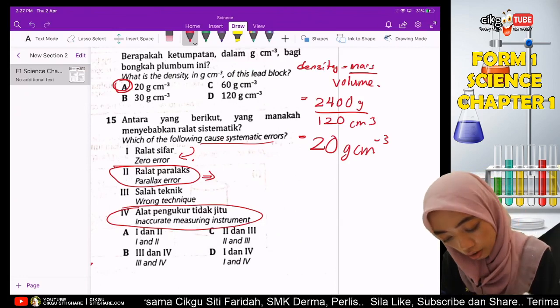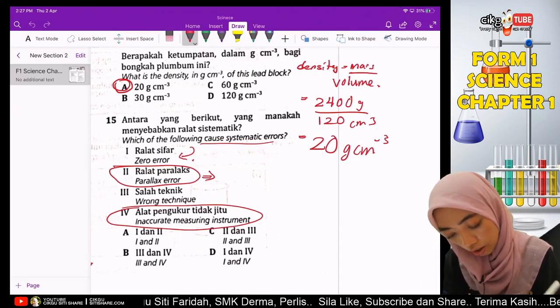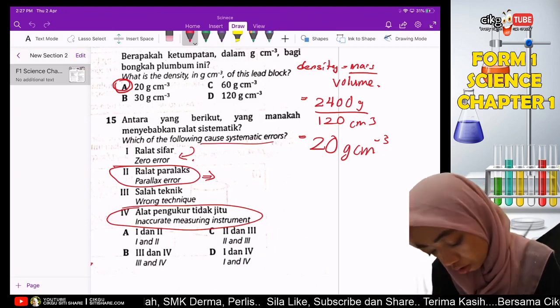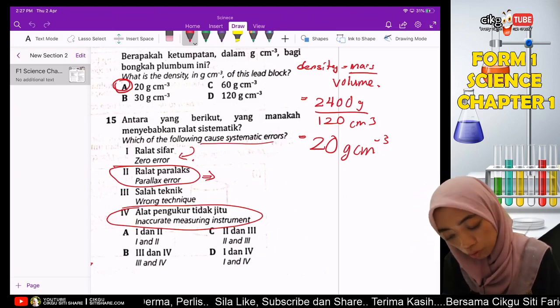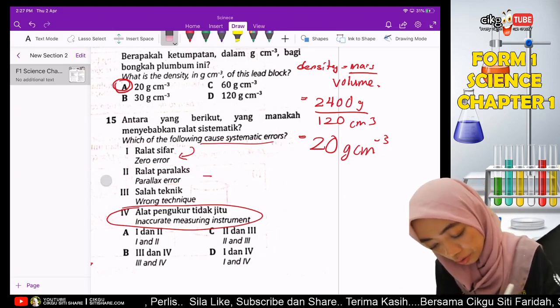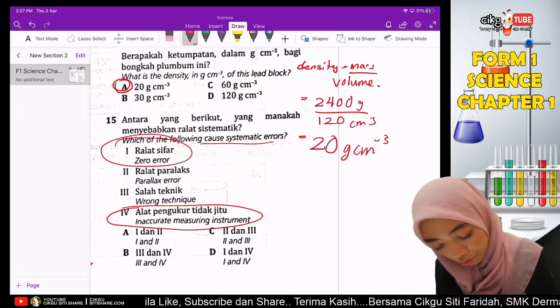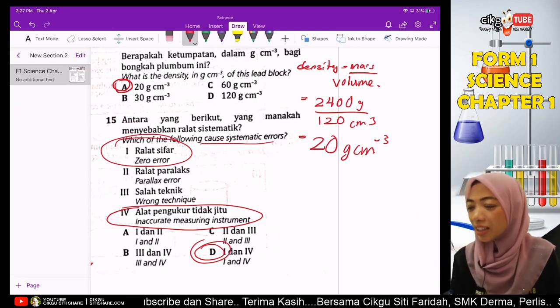Okay, so the answer is 2 and 4. There is no 2 and 4. Which wrong technique. Oh, sorry, teacher marked it wrongly. 1 and 4. Okay, so the answer is D.